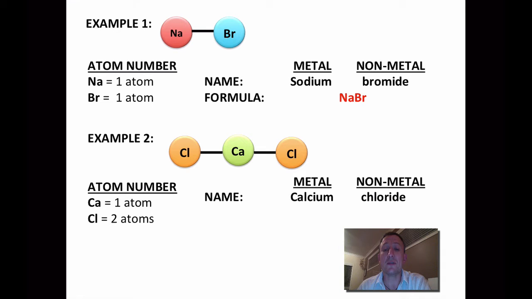All we need to do is make sure that we put 2 as a subscript next to the Cl, because we've got 2 atoms to complete the compound. So the formula is CaCl2.